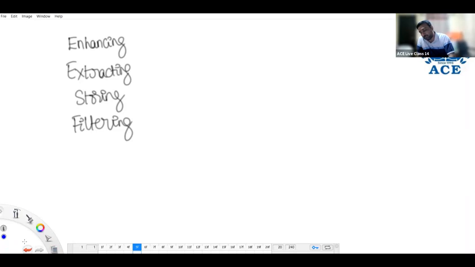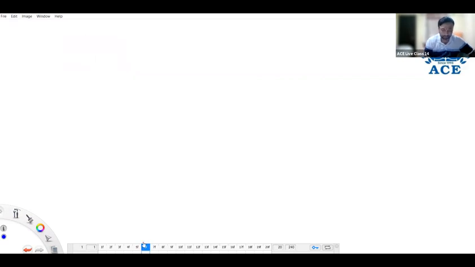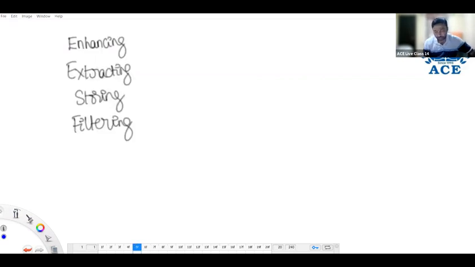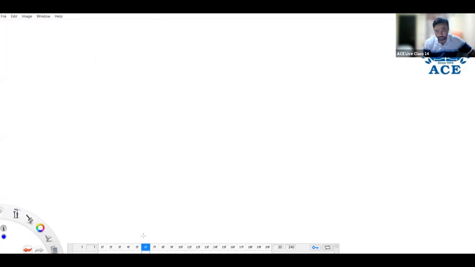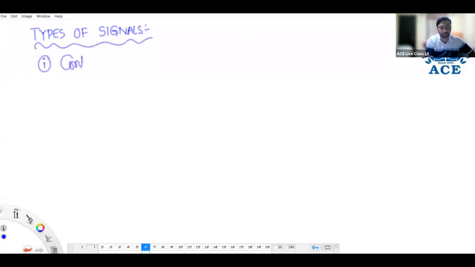Now let us see what types of signals we have. I am moving to the next slide, sir. There are three forms of signals. One is called continuous signal or analog signal.